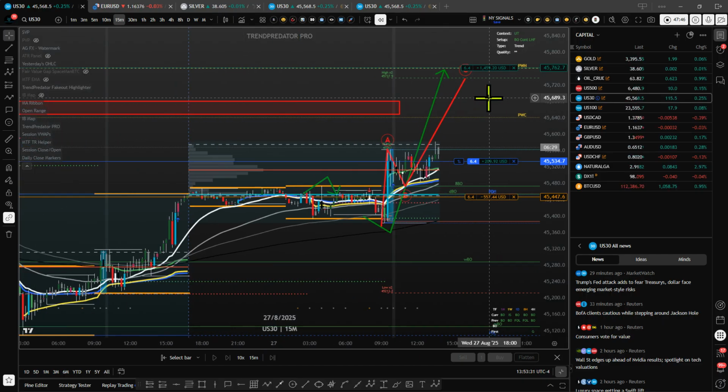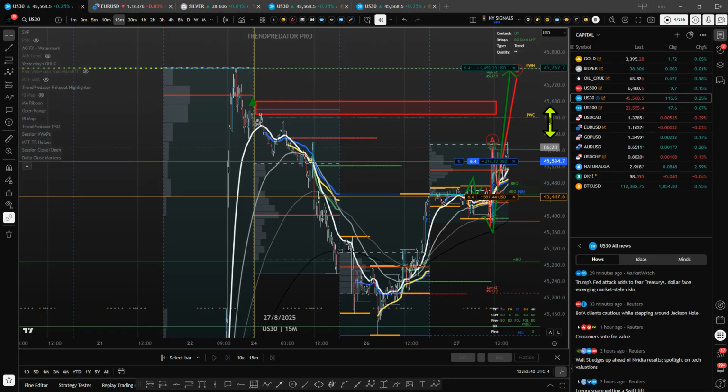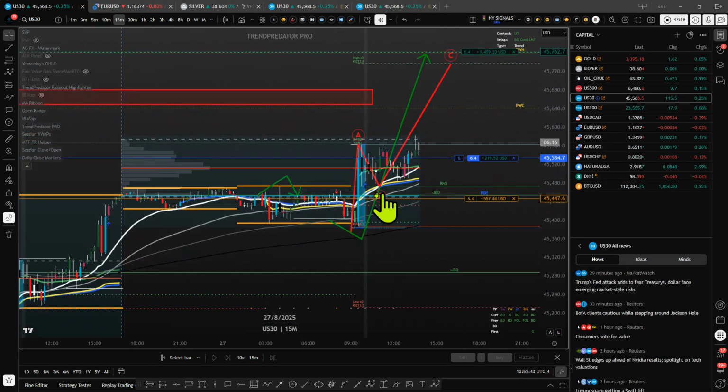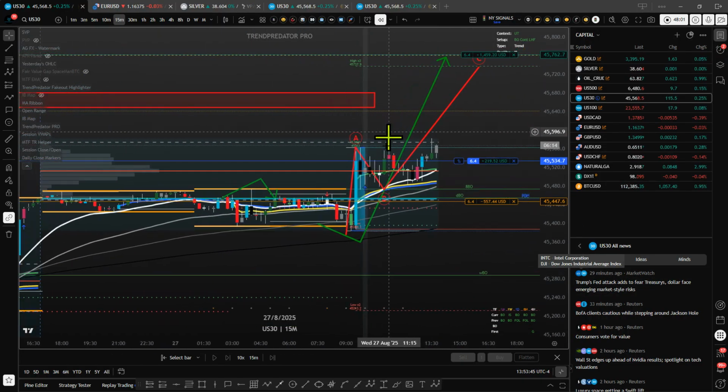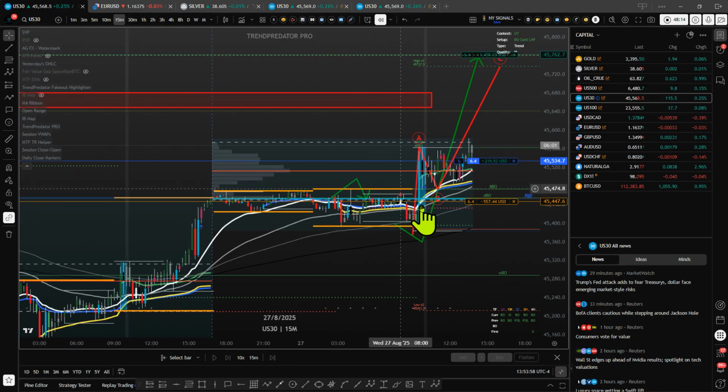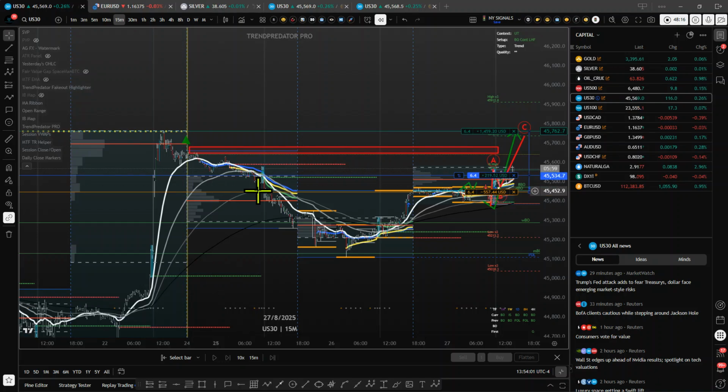All right. So yeah, there are various patterns that you can look at. I've got an entire playbook based not on inside days, but the opening range strategy combined with the Trend Predator Pro. So all I've done is overlay the opening range breakout strategy, using the Trend Predator Pro, backed up by a signal day.